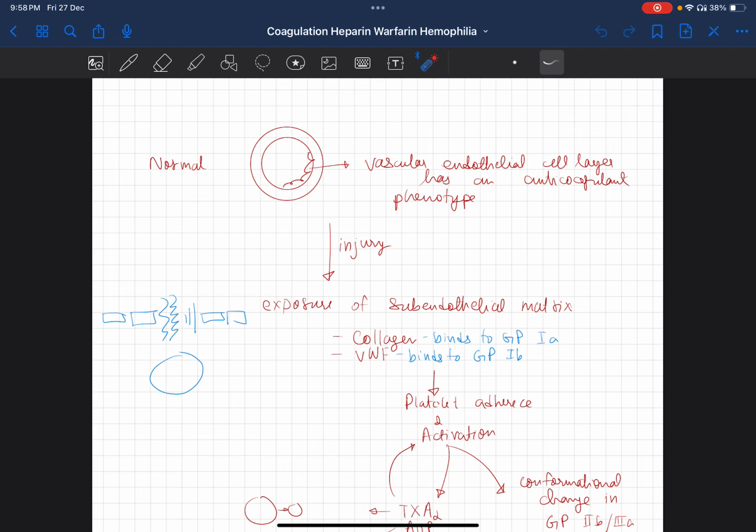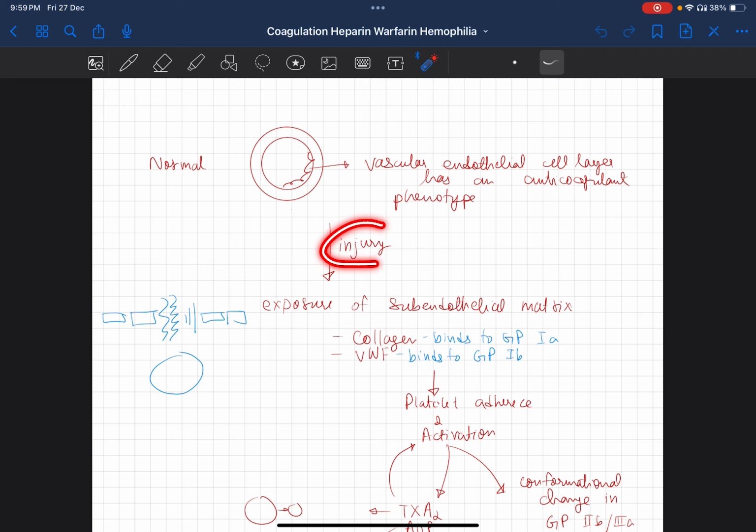Normally your blood with your clotting factors is inside the vessels, and after damage to the endothelium, stuff present outside the vessel will be exposed, which will then activate your clotting. So normally your vessel has an anticoagulant phenotype.